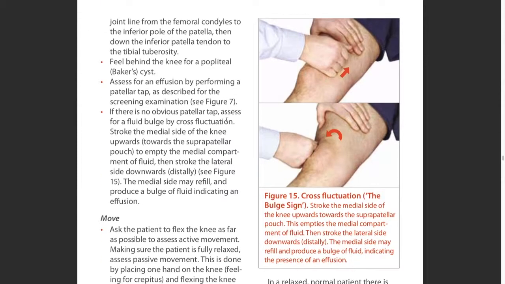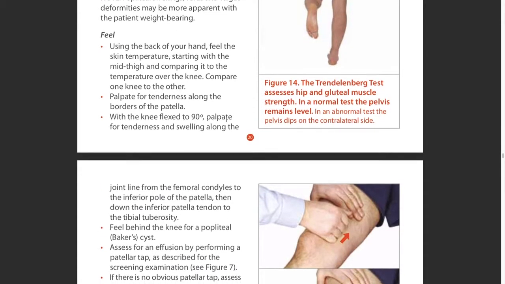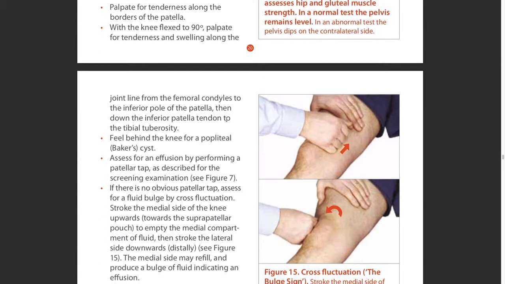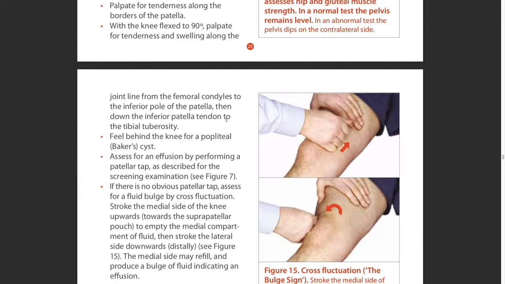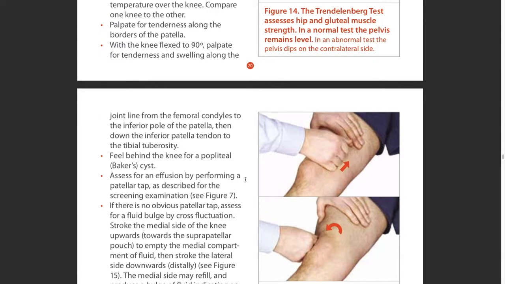So temperature, patellar tap, effusion, cross fluctuation, and then tenderness when the leg is straight, tenderness when the leg is at 90 degrees, and then popliteal cyst.